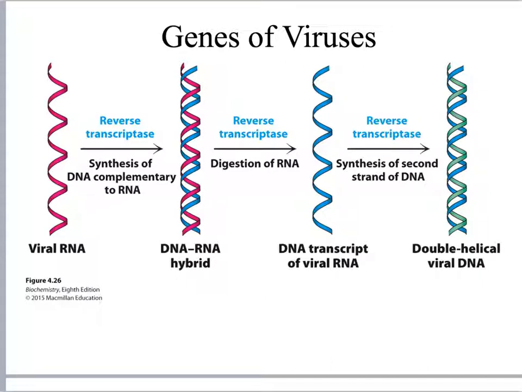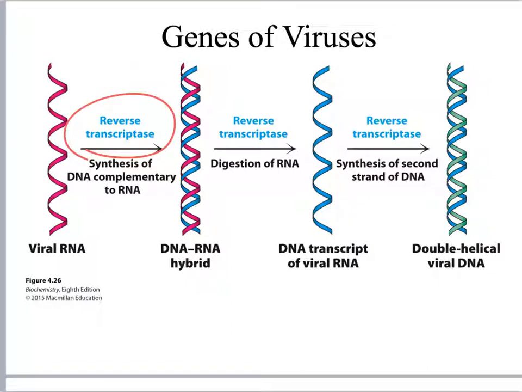But we also have something called a retrovirus, HIV for example, and this is another class of viruses that utilize RNA as the genetic material. They're called retroviruses because the flow of genetic information is from RNA to DNA, rather than the normal DNA to RNA that we've seen in the central dogma. So when a retrovirus enters the cell, the RNA comes in, and the RNA is copied into DNA through reverse transcriptase.